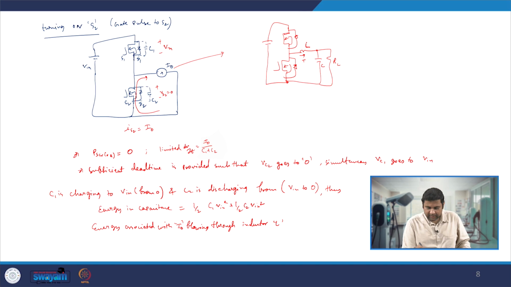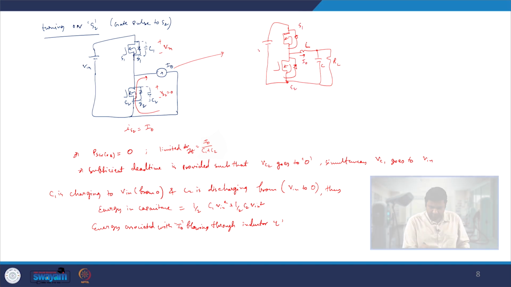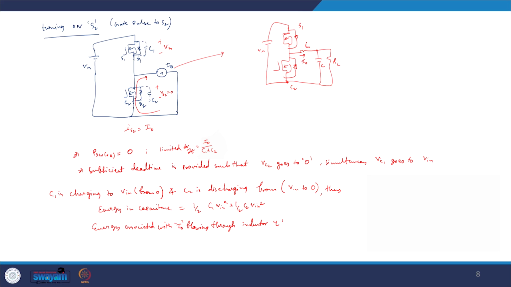So this L is there, and it is carrying I naught. This is S1, this is S2. This was the derived circuit, but this is the actual circuit.